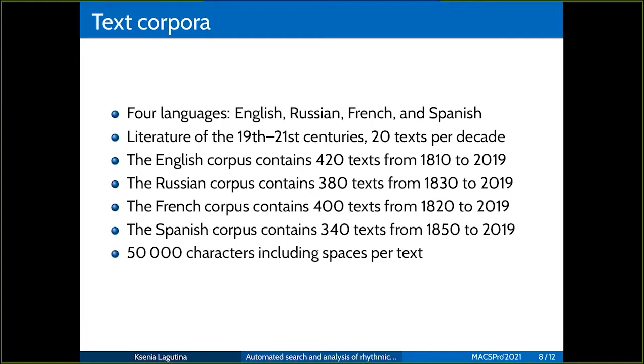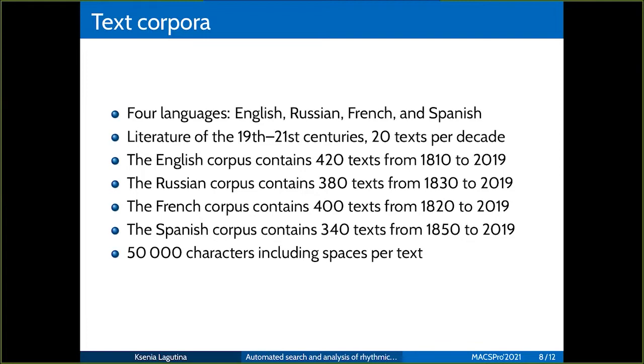The corpora have from 340 texts to 420 texts, from the 19th century to 2019.